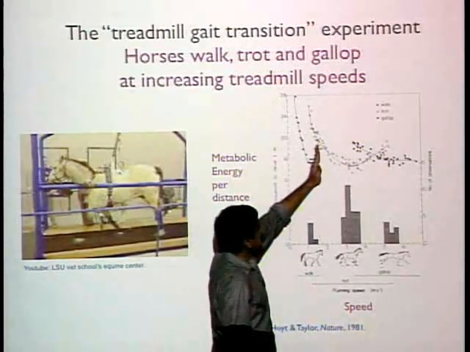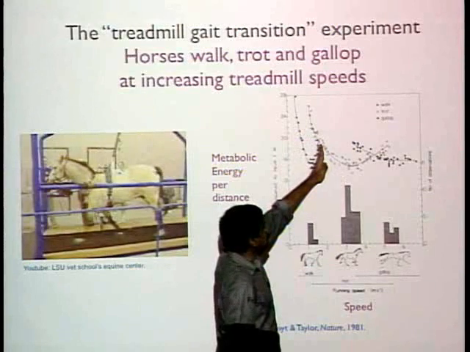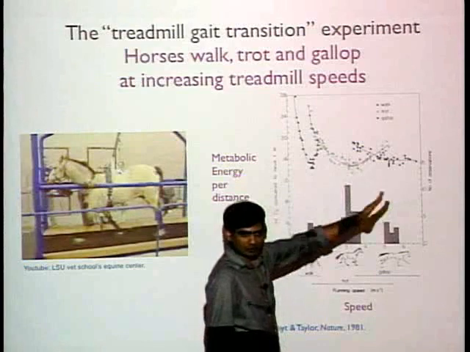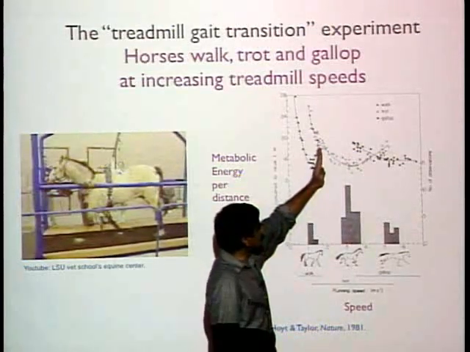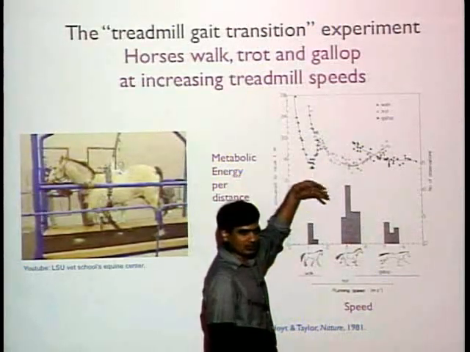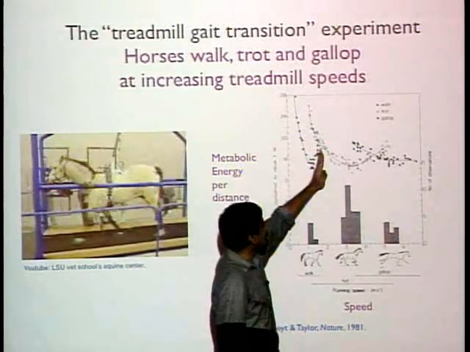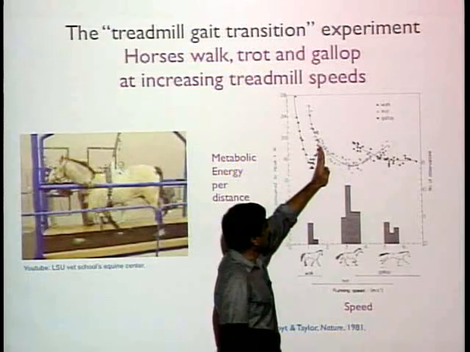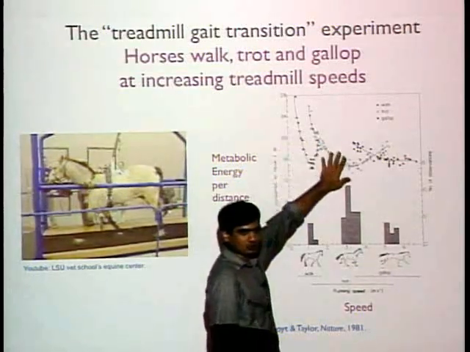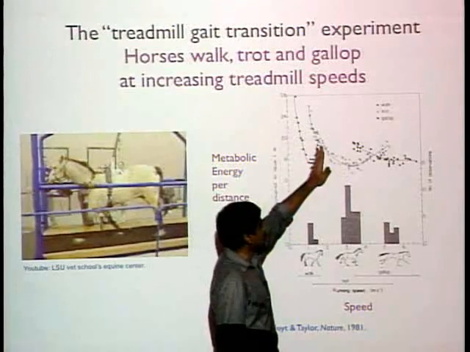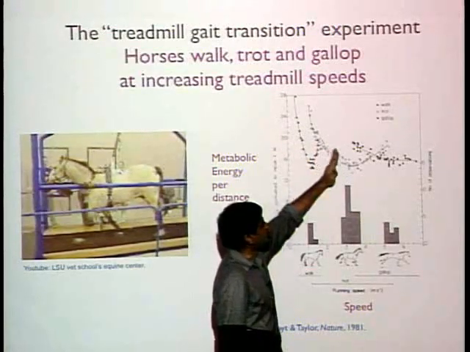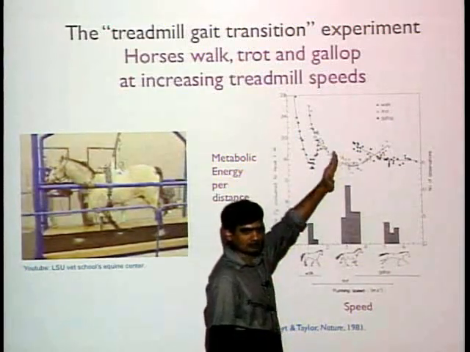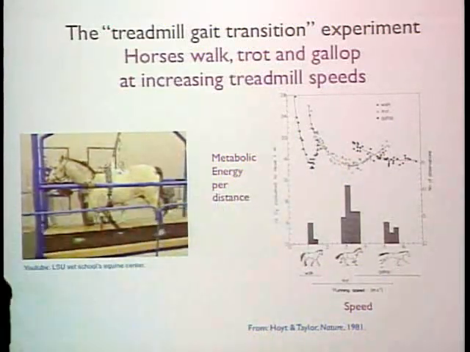So it would make sense if the horse were to prefer to walk below the speed and then trot above the speed, and so on and so forth, right? So this is an energetic explanation for why animals, and humans in particular, change from one mode of locomotion to another. The explanation being that if you do something else, if you walk here, you would just be wasting energy, so you trot, right? So that's a classic explanation.